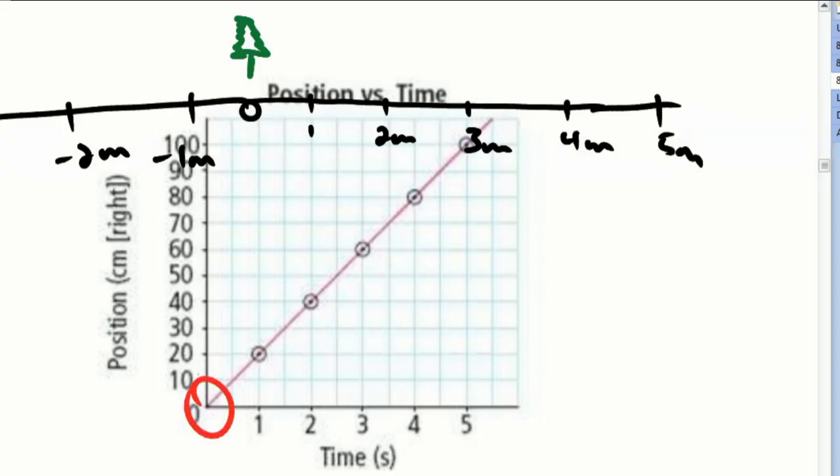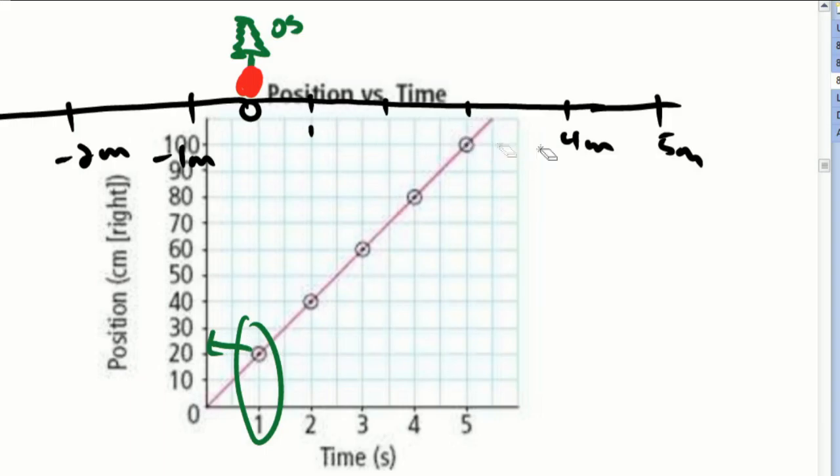All right, let's draw our red ball here. At 0 seconds, the ball is at 0 position. So this is at 0 seconds. Then I look to my next point here. At 1 second, my ball is, I did 2, but I should have done 20. Let's change the scale of my line here. So this is 10, 20, 30, 40. This is negative 10, negative 20. Hopefully that's all right.